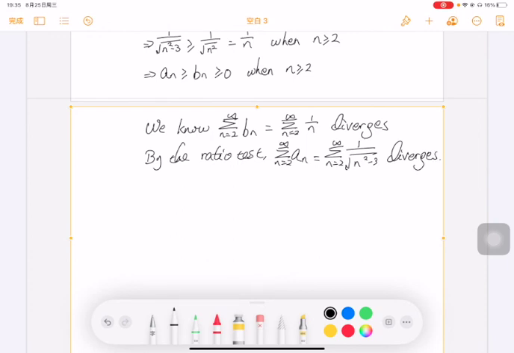And now just a quick summary. We've learned 5 tests so far, 3 general tests that can be applied to any series. That's the comparison test, the limit test that we learned in the last lecture, and the what's the third one?